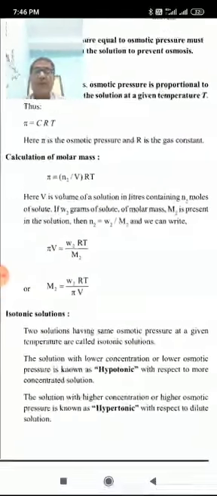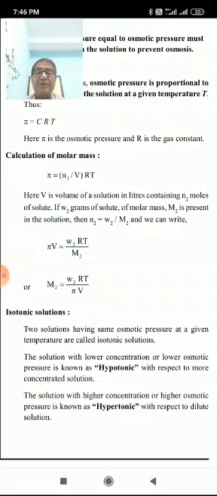Now, different types of solution. First one, isotonic solution. Two solutions having the same osmotic pressure at a given temperature are called isotonic solutions. Second one is hypotonic solution.